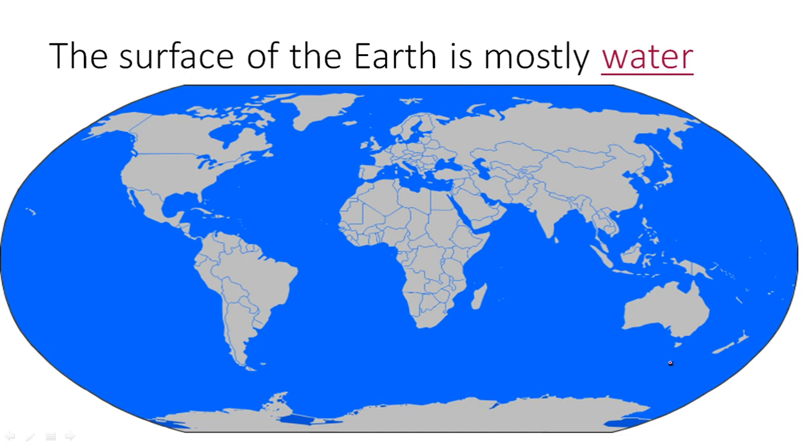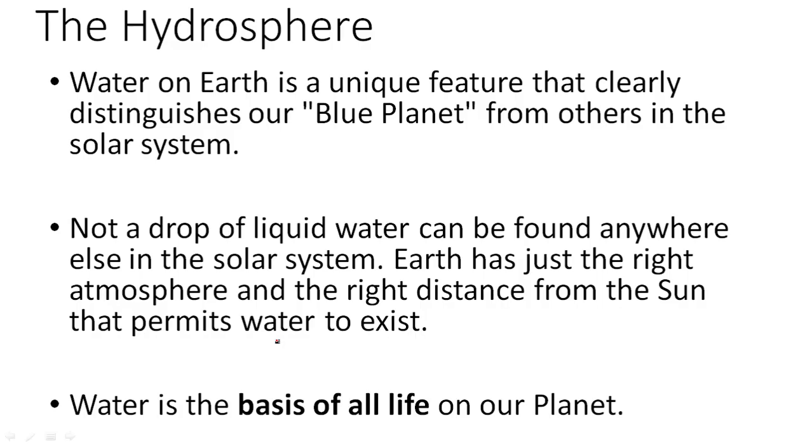Right. Most of the surface of the Earth is covered with water. About 70% of the surface of the planet is water, and just 30% of the surface is land. That gives the planet Earth that blue color that is so characteristic and unique in the solar system, and it is the only planet that we know with liquid water.